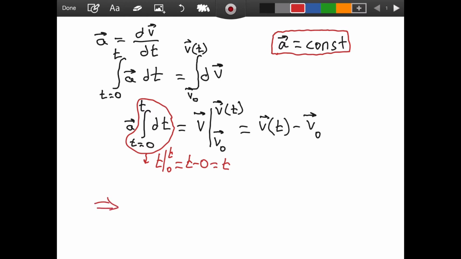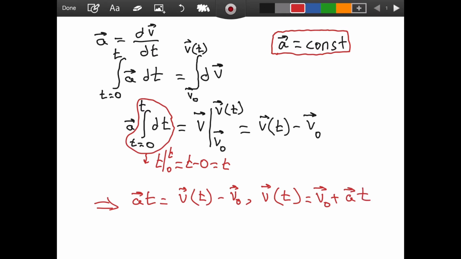As a result, we have the acceleration times time equal to the velocity at time t minus v0, the initial velocity. So, we get a formula for our velocity at any time, which is simply v0, the initial velocity, plus the acceleration times time.